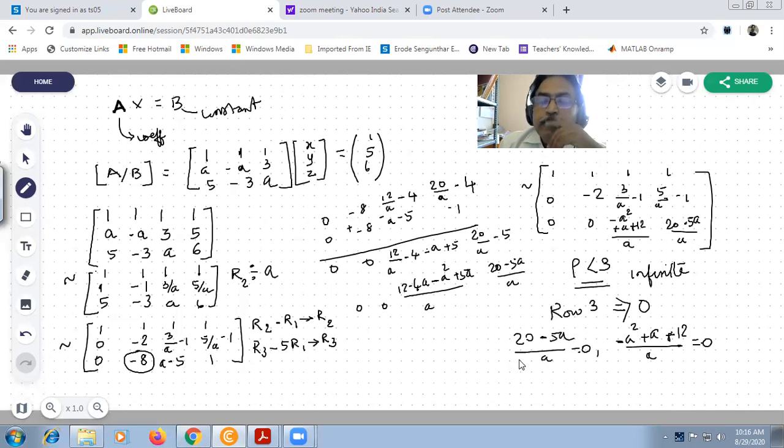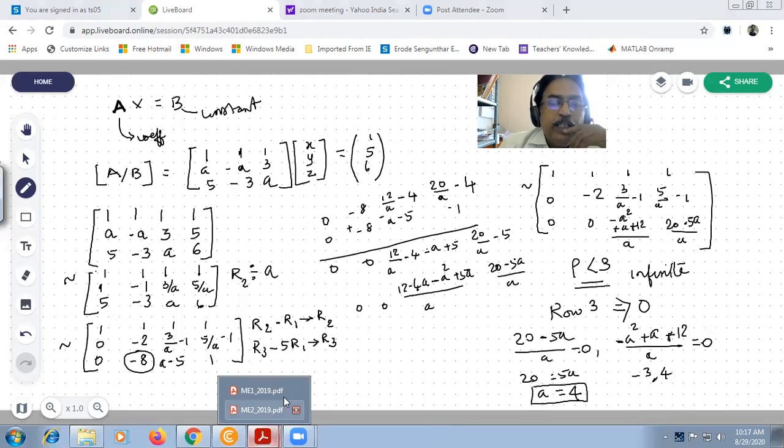So look at this, 20 minus 5A is equal to 0, 20 is equal to 5A, A is equal to 4. Apply 4 here, minus 4 square, 16, plus 4 is 12, 16, this becomes 0. Otherwise you can simplify, you will be getting minus 3 comma 4 as the roots. So A is equal to 4 is the answer.